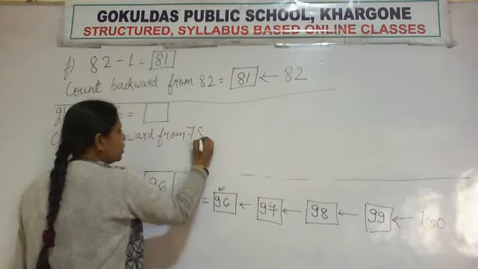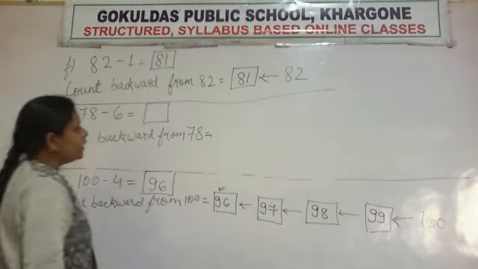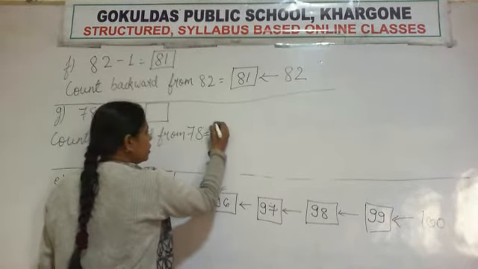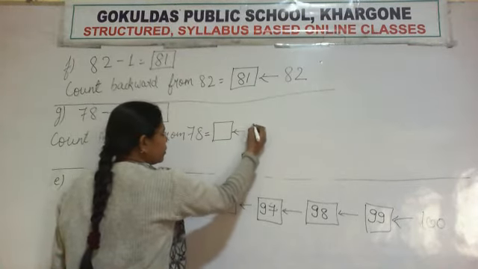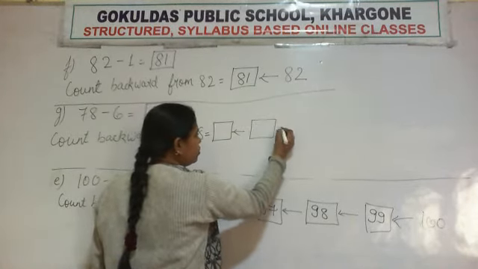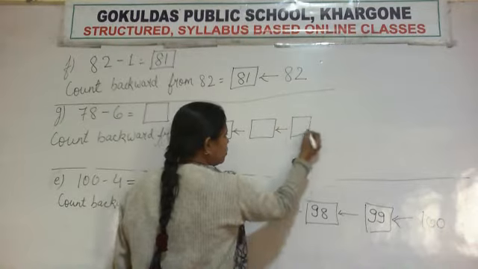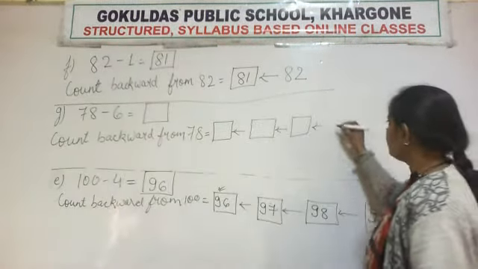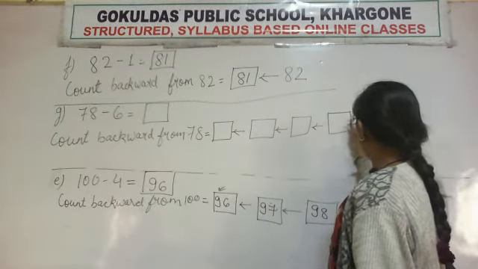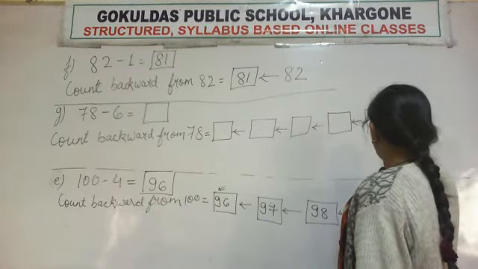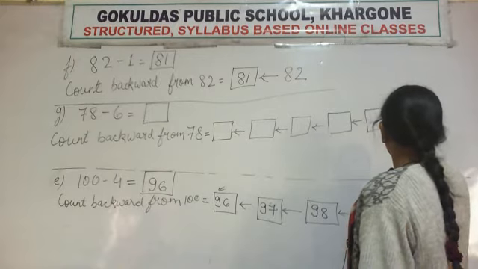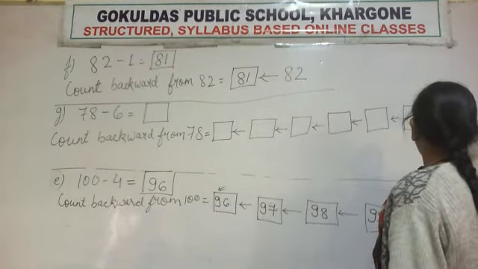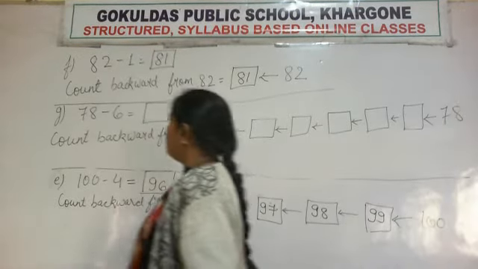So how many numbers do you have to count backward from 78? 6. So make here 6 boxes. 1, 2, 3, 4, 5 and 6. So what is the last number? 78. Try to solve this question fast.